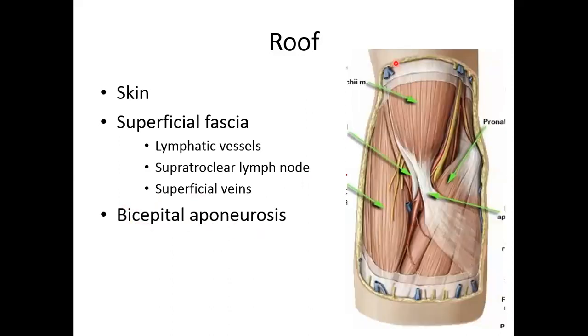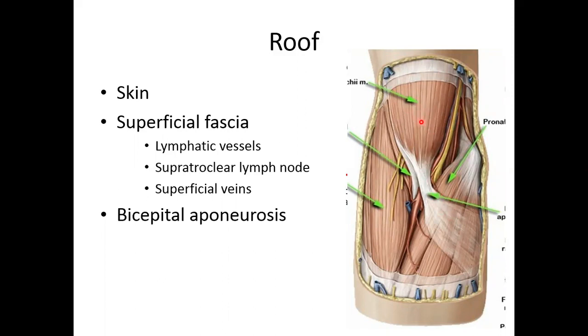In this diagram, you can see this is the skin, this is the cut part of the skin. Below the skin is the fatty layer, the superficial fascia with its contents, which are the superficial veins, superficial nerves, and superficial lymphatics, right? Then when the superficial fascia and the deep fascia are removed, next we will be looking at the bicipital aponeurosis.